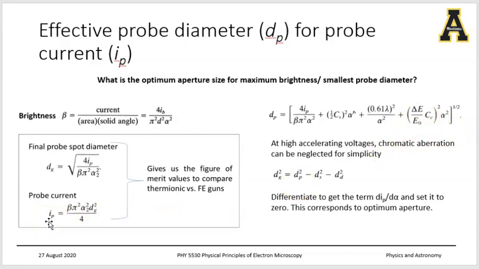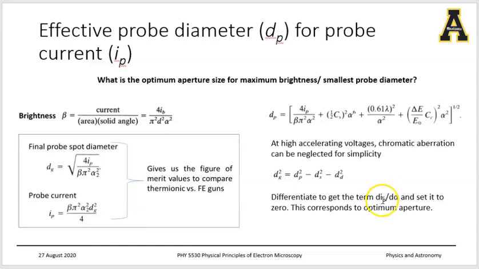So you take this equation and you rewrite it in terms of iP, which is your probe current, and you take the derivative of iP with respect to the convergence angle alpha. If you set that to 0, that means at that probe angle your probe current is not changing.